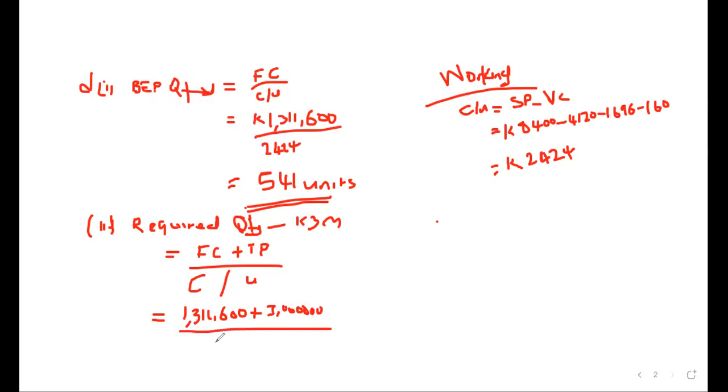Then we divide by the contribution per unit, which we have just calculated as 2,424. Okay, so when we divide that, we should be able to get something like, okay, these are units, sorry. So we are supposed to get 1,799 units.